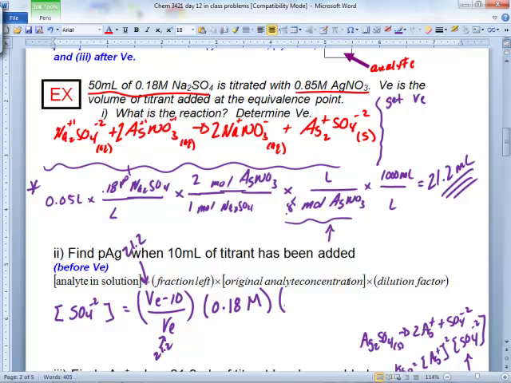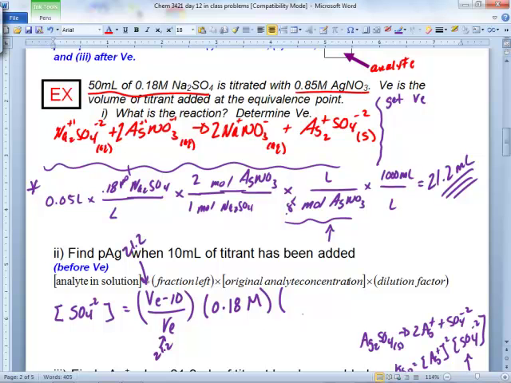Okay. Now you have to take into account the dilution factor. We've done this a lot, but I don't know if you realize it. We did it in lab a gazillion times. What's the total volume?